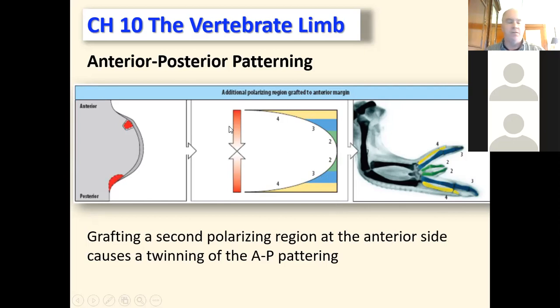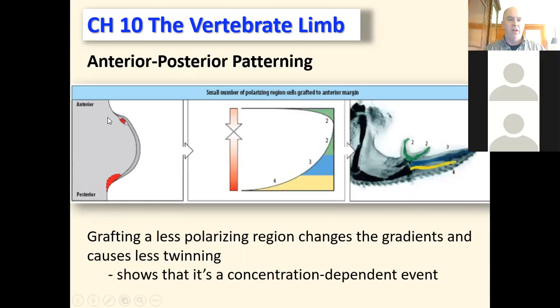And it's definitely a gradient because there's a dose-dependent effect. If you put fewer of these cells over here, then you get less hedgehog being released. So your gradient is less over here. So you get less of a posterior side over here.